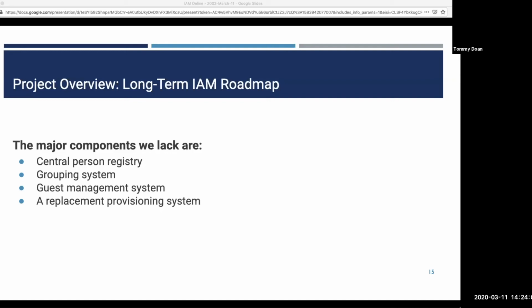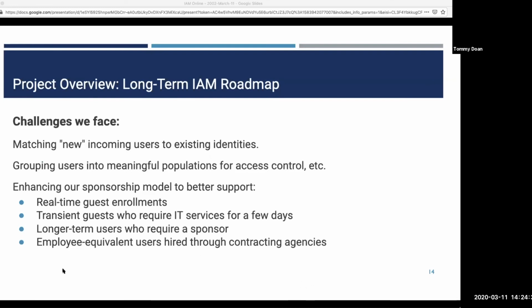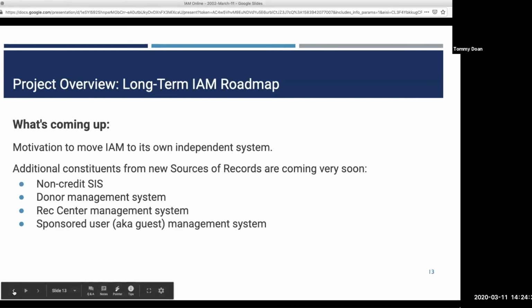And finally, we want to replace our provisioning system and be able to support additional provisioning targets, complete with auditing and tracking and visibility so that authorized users will be able to see what services have been provisioned to what cohorts.